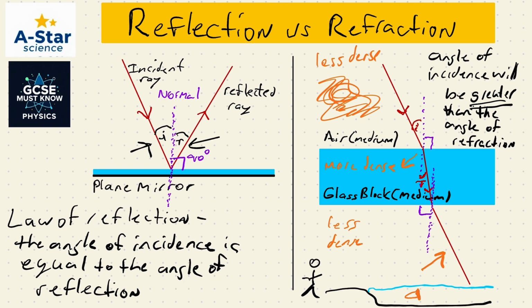Here's the fish. When they look at that fish, the fish would not be exactly where their eyes are telling them it is, because the light ray coming back towards them, entering the eyes, is going to bend as it exits the water, because water in this case is a very dense medium.